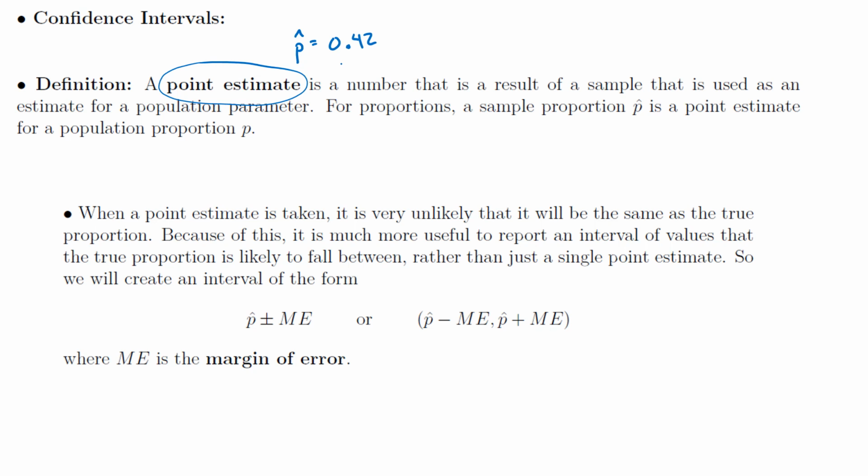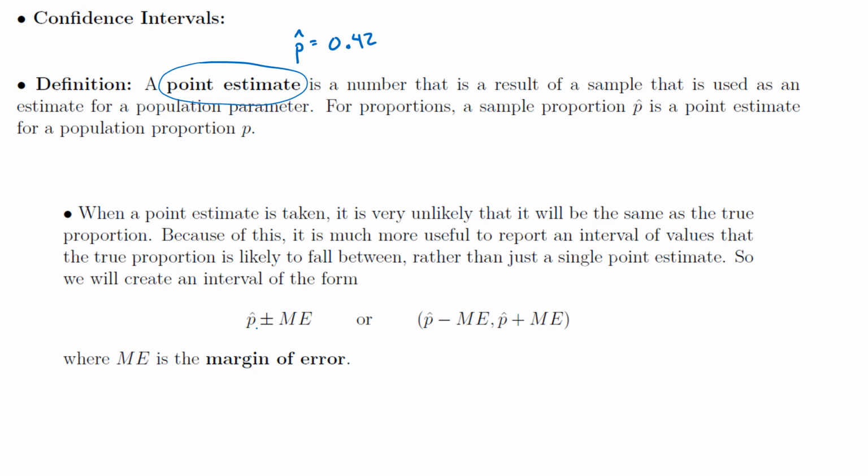Because when we take a sample, we know that there is just natural variation involved, random variation, that we wouldn't expect a single sample to hit the true number right on the mark. So while point estimates are nice, it would also be really nice to be able to ascribe some degree of confidence to not only the point estimate, but to a range of values that the true proportion is likely to be. And that's where confidence intervals come into play.